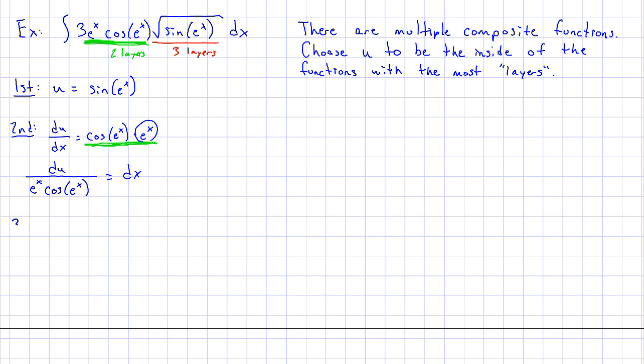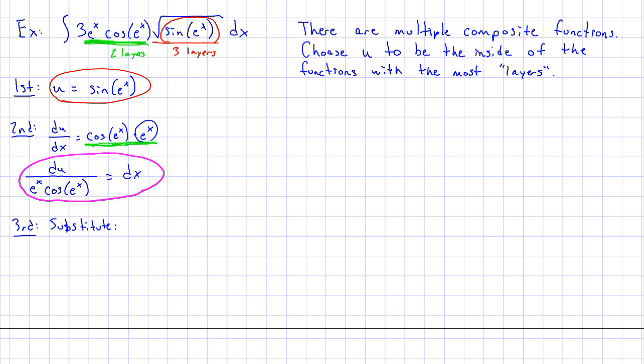The third thing I do is to substitute. So I have, again, sine e to the x is my u. And then I'm going to replace dx with this whole big expression, du over e to the x cosine e to the x.